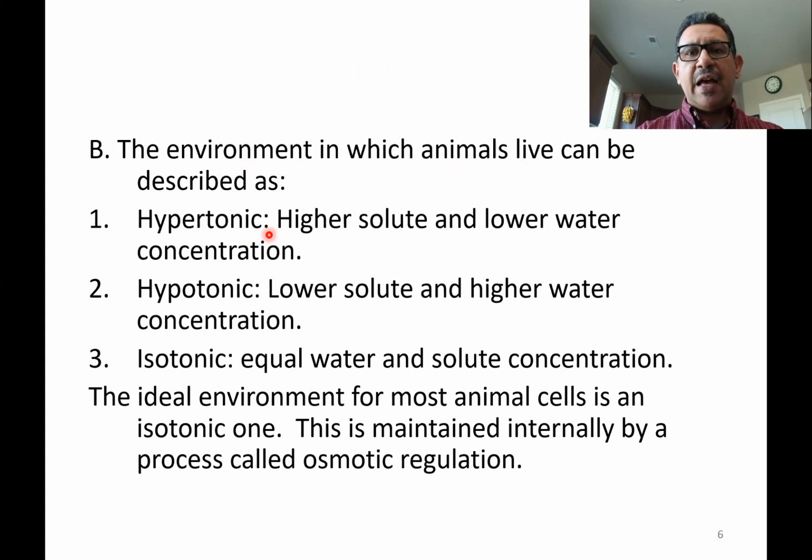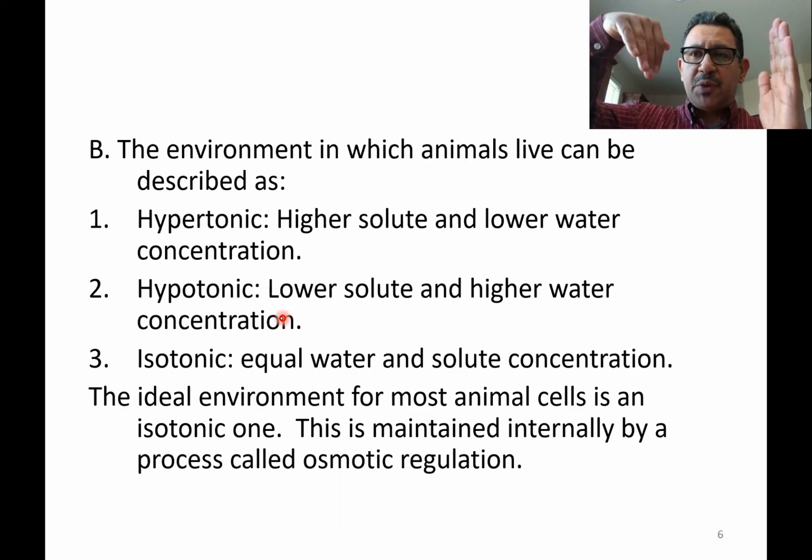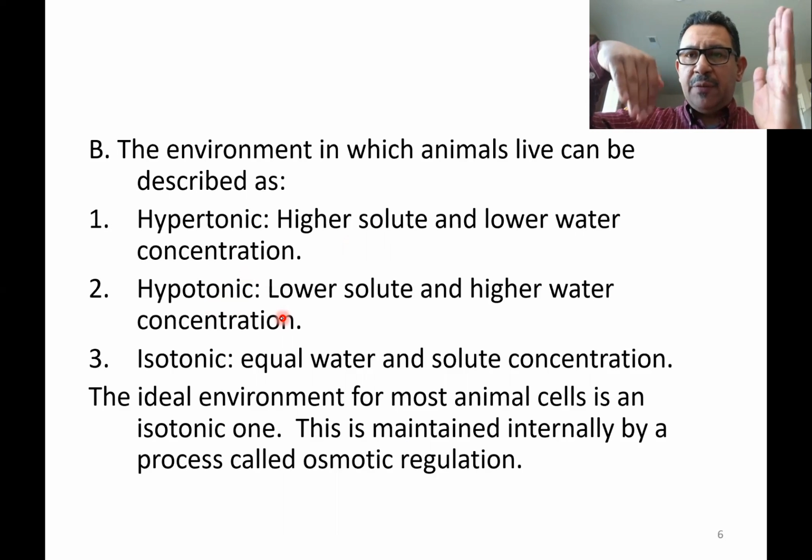Hypertonic meaning that there's a higher solute concentration, and if they have a greater solute concentration, like in the previous picture, there's going to be also a lower water concentration. If you say the environment outside of an animal is hypotonic, it means that there's a lower solute but greater water concentration. So as you can see from these two definitions, whenever the concentration of solutes goes up, the concentration of water is going to go down.